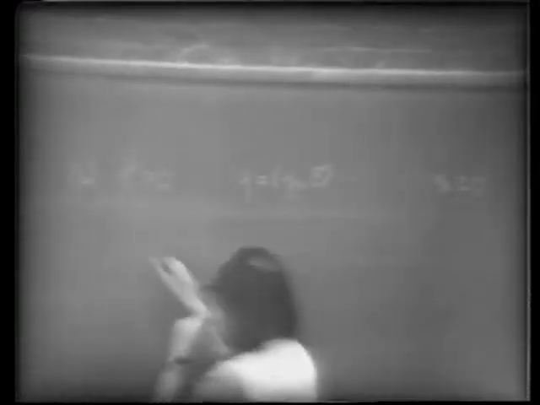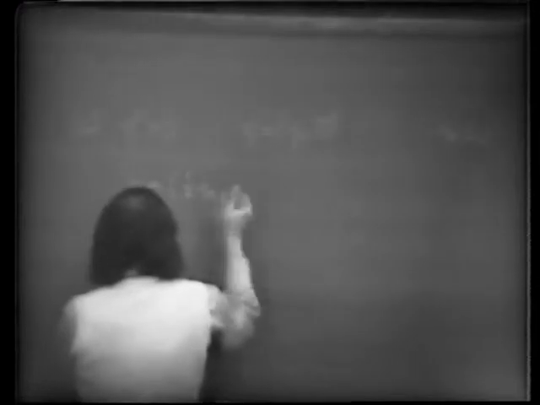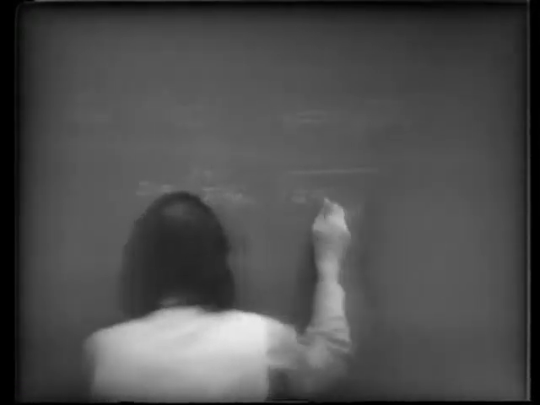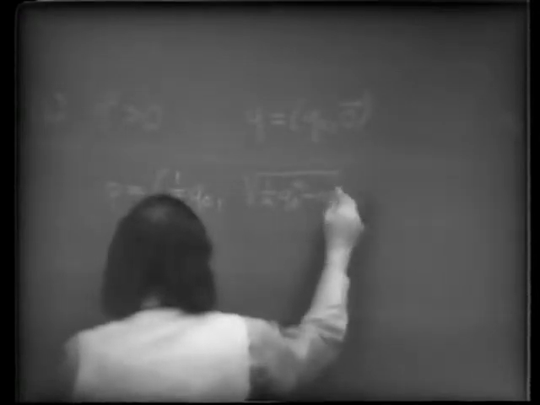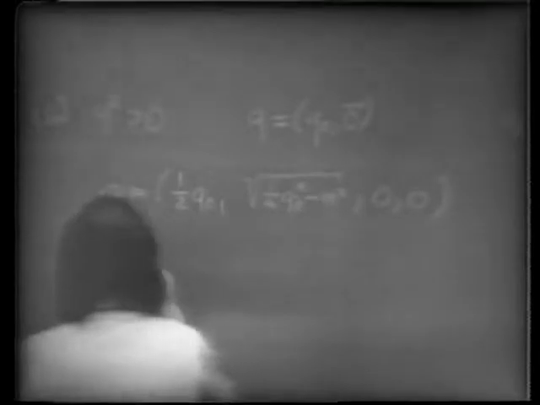To be precise, I'll write down the actual momenta. P is 1/2 Q naught, square root of 1/4 Q naught squared minus M squared, times some, let's say, 0, 0, so they move in the x direction.